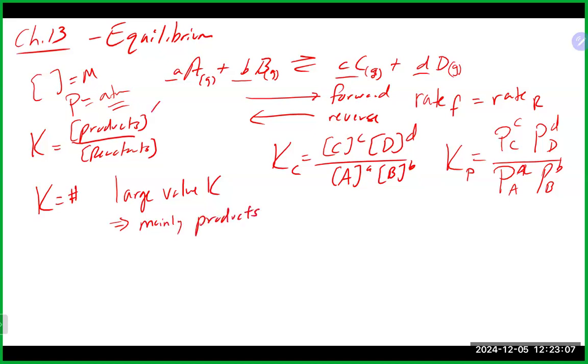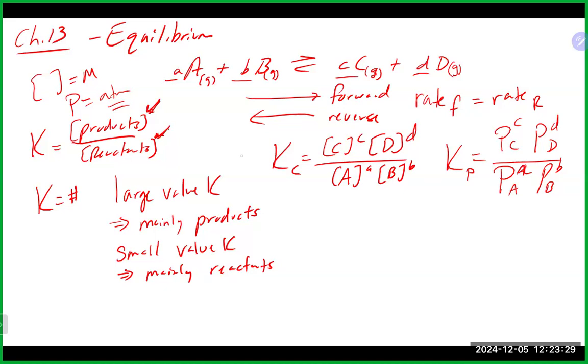Again, just mathematically, larger number on top, smaller number on the bottom gives us a larger value. Now, if we have a small value of K, that means when we reach equilibrium, we will mainly have reactants. Again, larger number on bottom, smaller number on top gives us a smaller number.